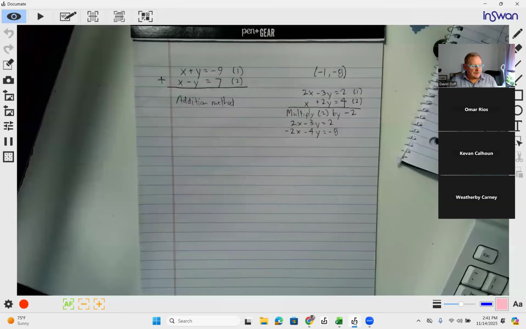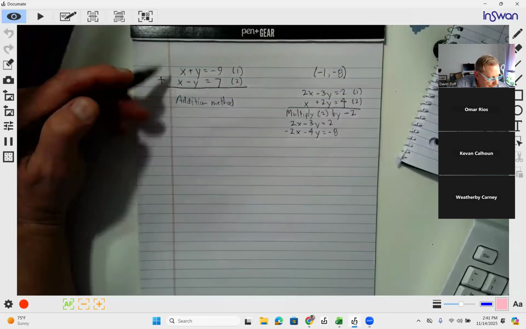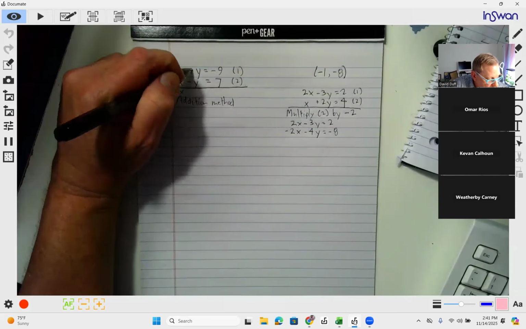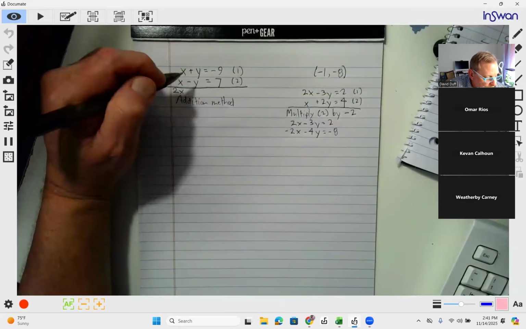And sometimes, like in this example from question 11, they're going to give you two equations that if you just add them together, a variable will cancel. Like, look here. If I add these together, I get 2x. This is going to cancel. A positive y and a negative y, they're going to cancel.